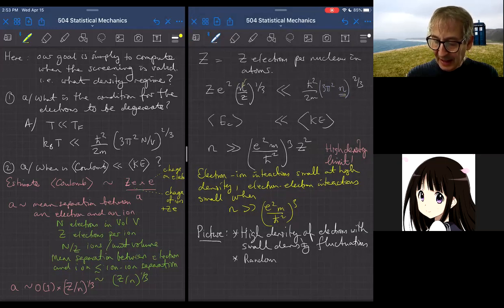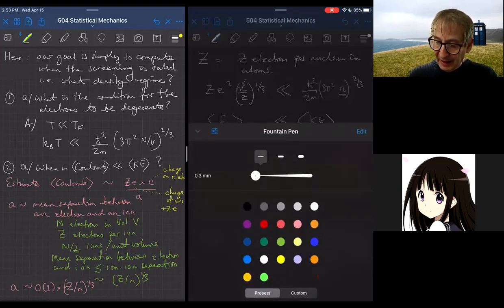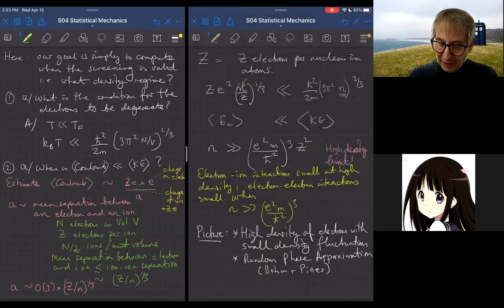And that can be approximated by what's called the random phase approximation, RPA. This was worked out by David Bohm and David Pines in the early 1950s. So basically the bottom line is that the electron-electron interactions are weak.